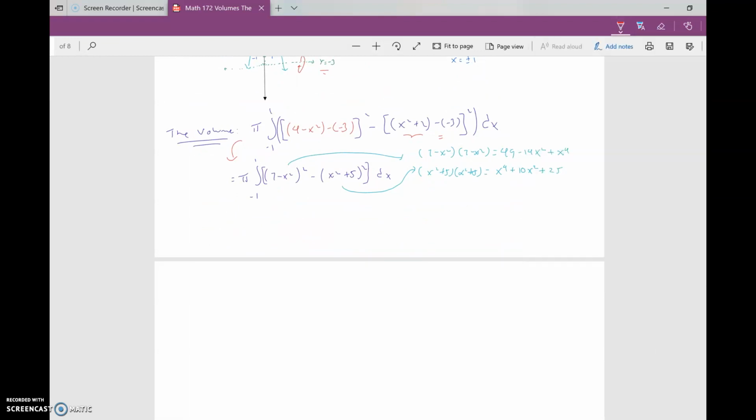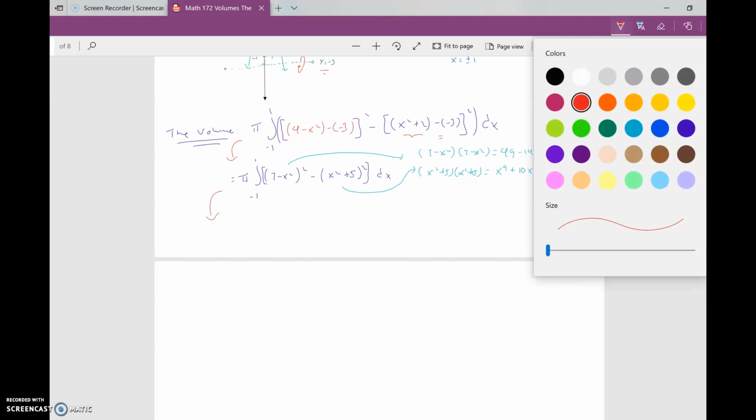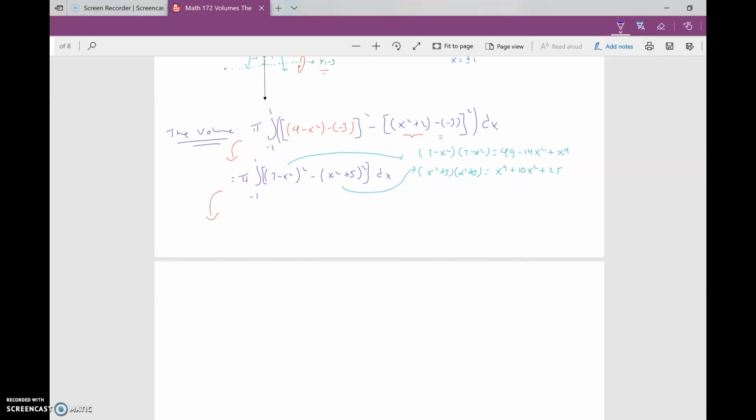Okay, so let me rewrite it. And we're now looking at this is equal to pi integral from -1 to 1. The first portion simplified to 49 minus 14x squared plus an x to the fourth. And then let me just distribute the negative.